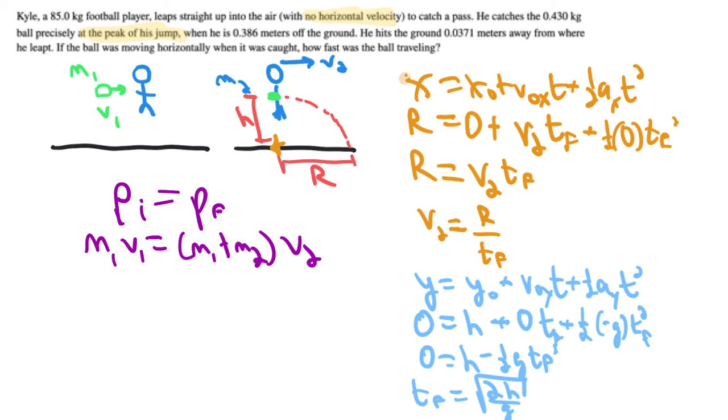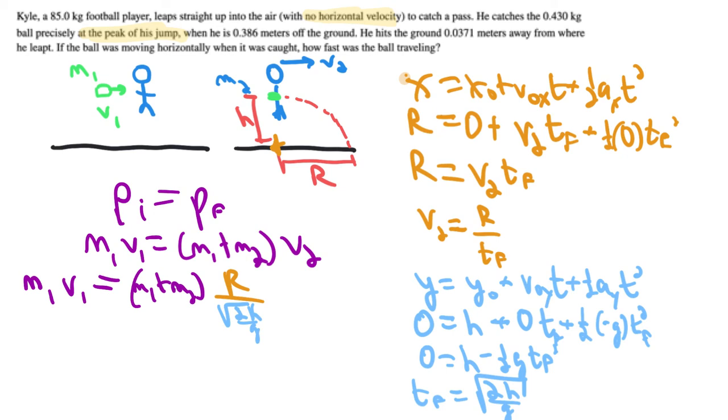So I can go back to my original problem and say that m1 v1 is (m1 plus m2) times v2, but v2, remember, was r over tf, and tf is the square root of 2h over g.